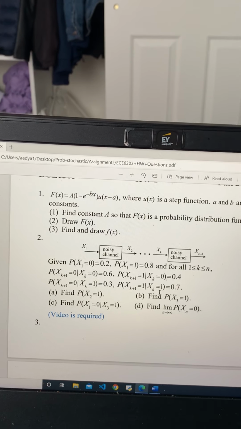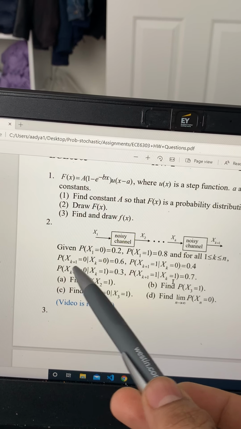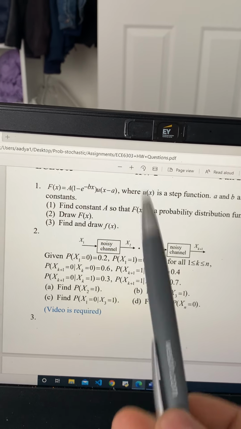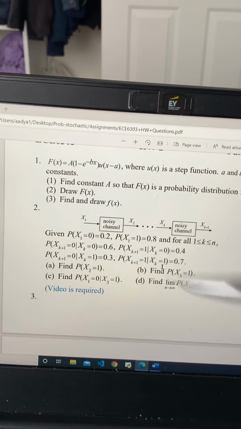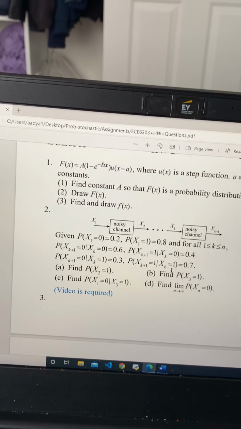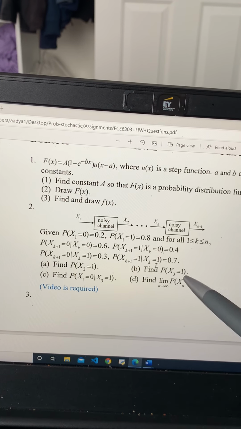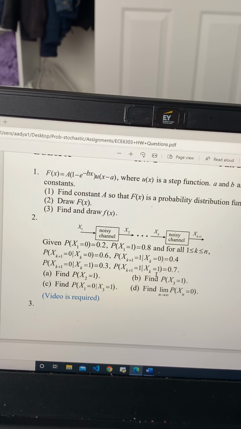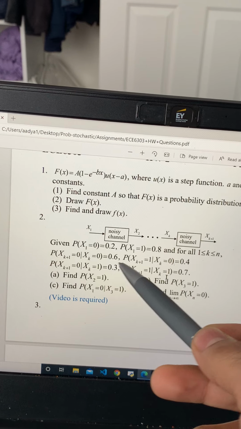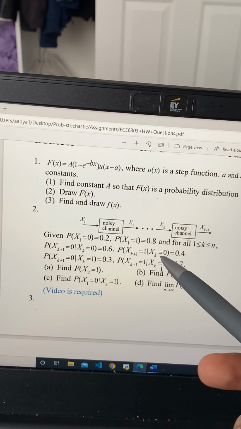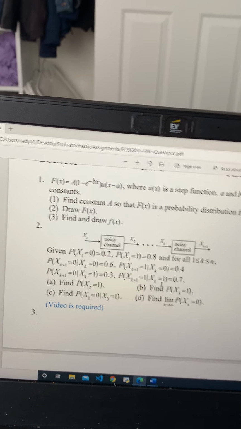And similarly, probability of xk plus 1 equal to 0 with respect to xk equal to 0 is 0.6. These probabilities give us probability of xk plus 1 with respect to xk. So if xk is 0, we get xk plus 1 equal to 0 with probability 0.6, and for xk equal to 0, probability of xk plus 1 equal to 1 is 0.4.